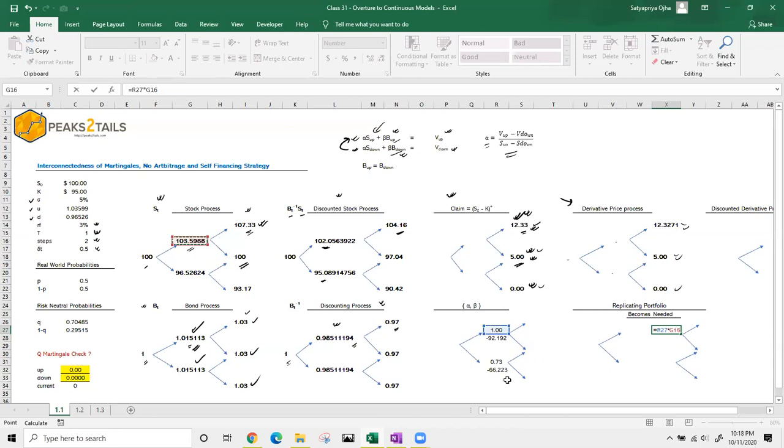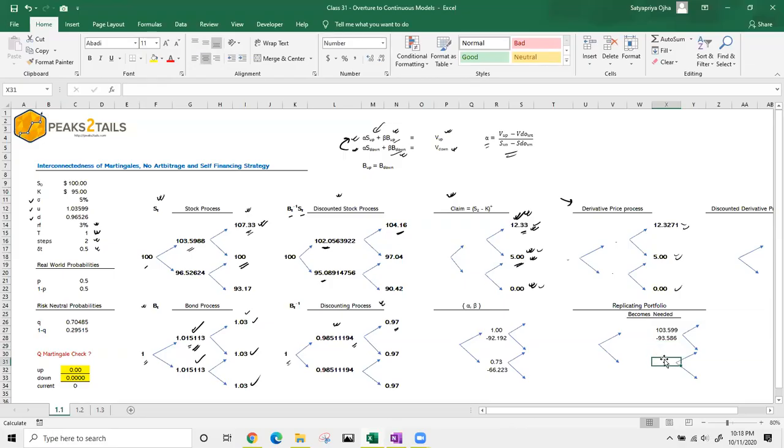So these alpha and beta are the units of stock and bond you are supposed to hold. Okay. I got the units, but what is the portfolio value? So this is the stock value, 103.59. What is the bond value? Bond value. So I'm short on bond. This times bond value in this node minus this.